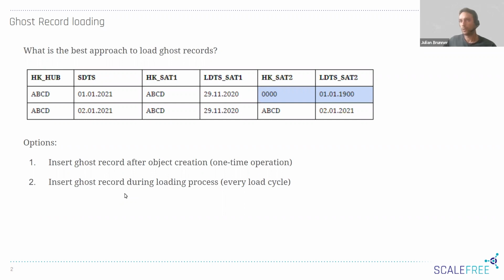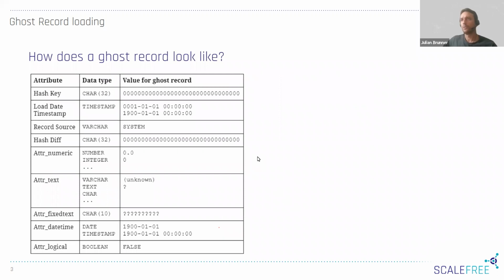What else I want to show you is what a ghost record looks like, because it's quite important also for reporting at the end. For the hash key, we set 32 times 0. For the load date timestamp, we set the beginning of all time.